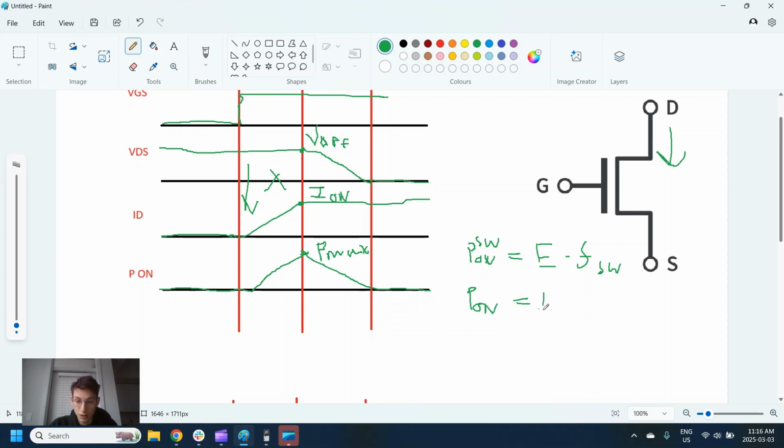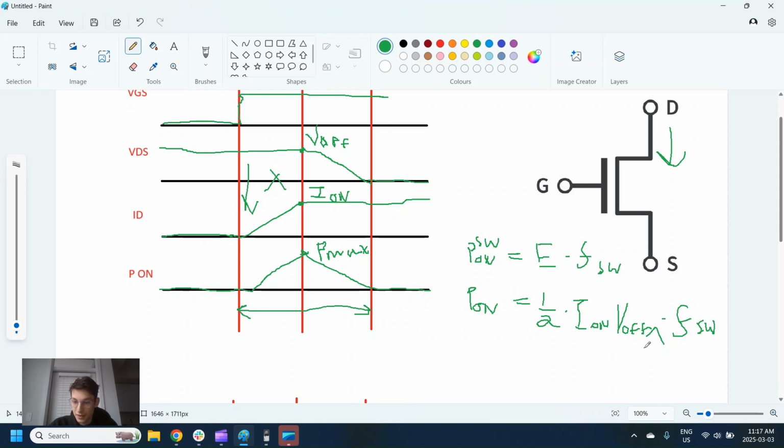So it's the area under the curve, which is 1/2 times, in this case, the height, which is I on times V off, times our switching frequency, times our base here, which is this time here.